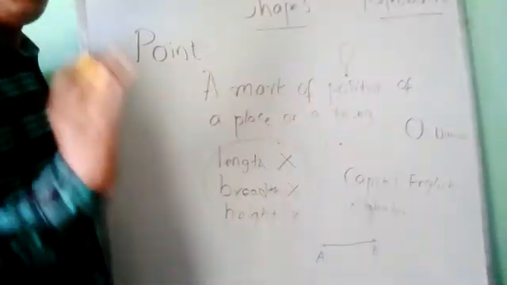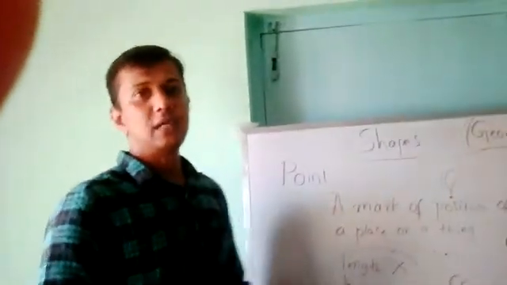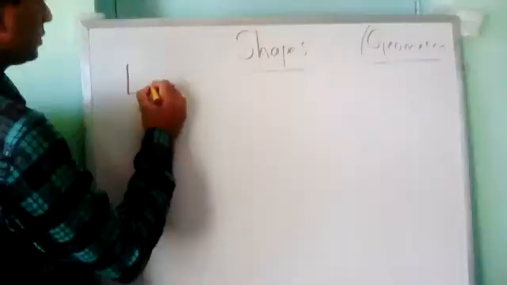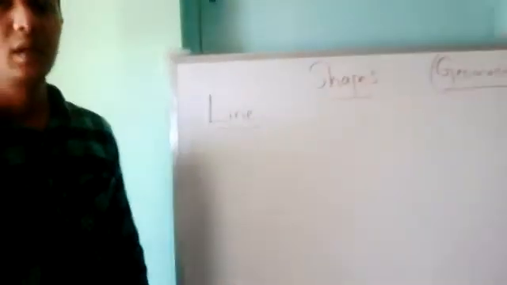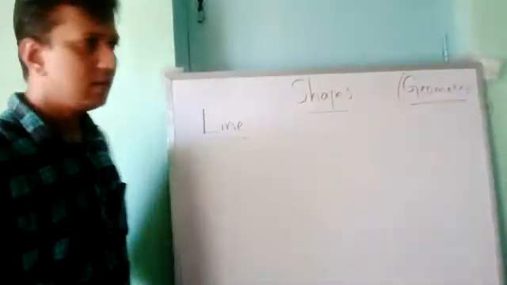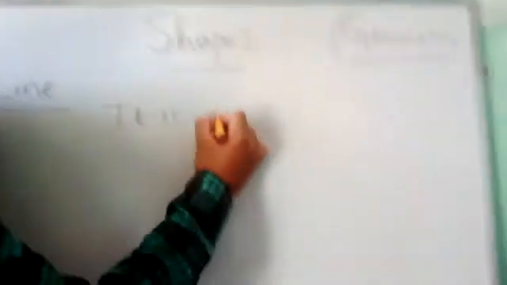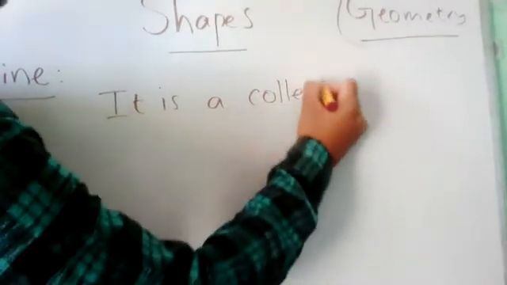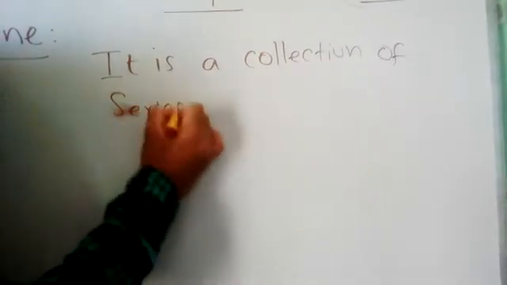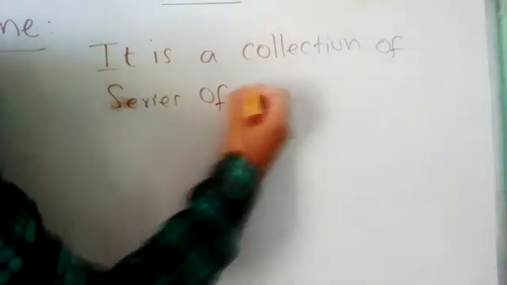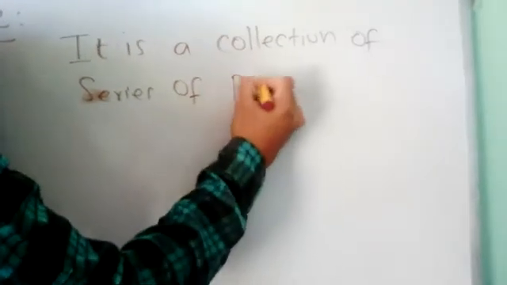After this, we will move on to the next definition, that is the one-dimensional figure. Next, our definition is line. So, what is a line? It is a collection of a series of what?